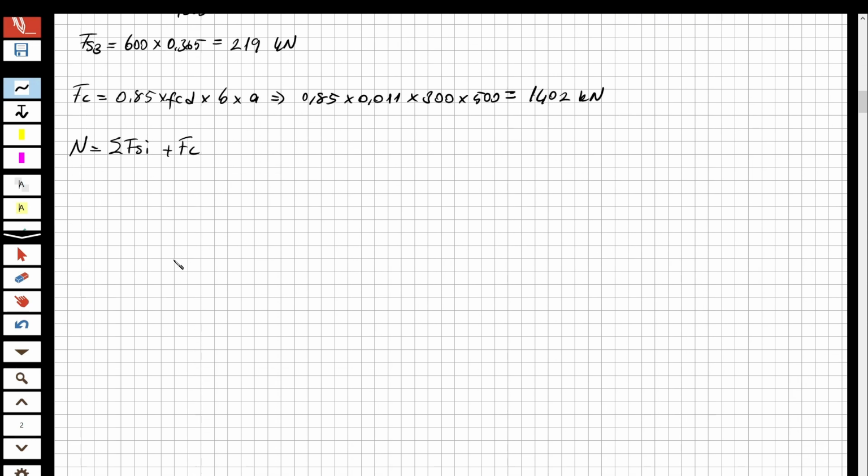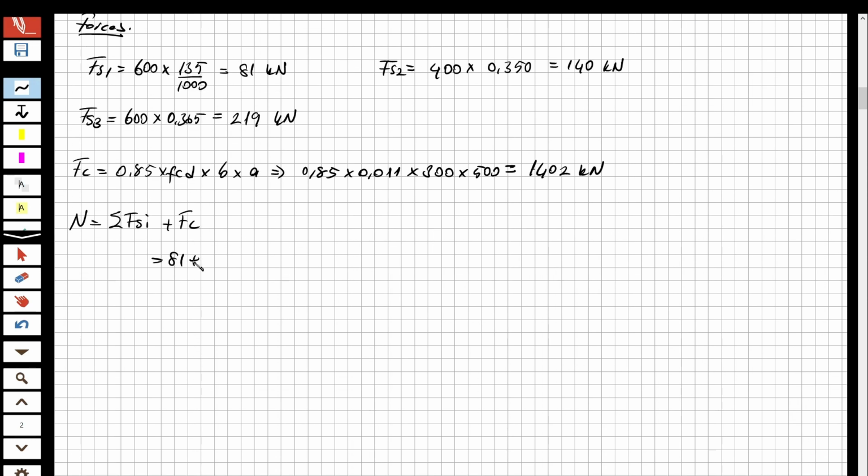So 81 plus 140 plus 219 plus 1402, and this is going to be equal to 1842 kilonewton. Now we obtained the axial force.